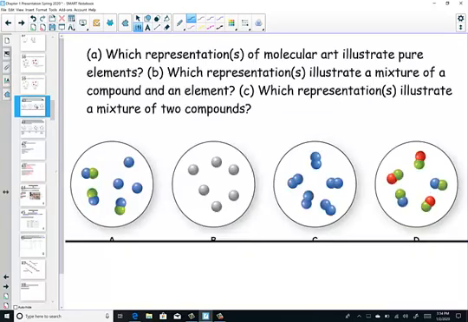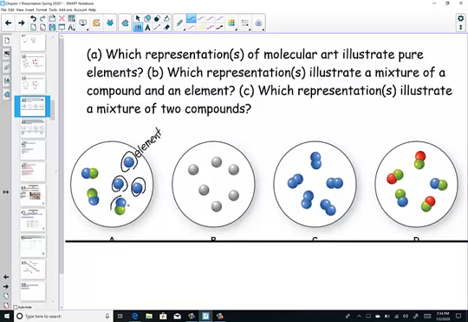Which representations of the art below here illustrate pure elements, a mixture, a compound, an element, and which is a mixture of two compounds? Well, let's kind of break this apart. Here I have three identical blue atoms, which I know to be an element, just one kind of atom.